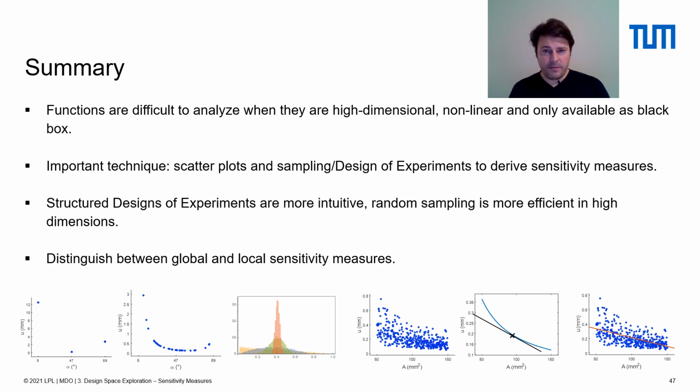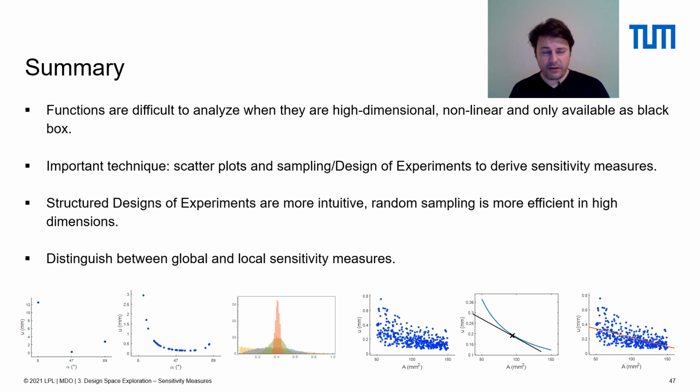When these troublemakers are present, we can use a very important technique, which is sampling. And with sampling data, we can either produce scatter plots or derive sensitivity measures.